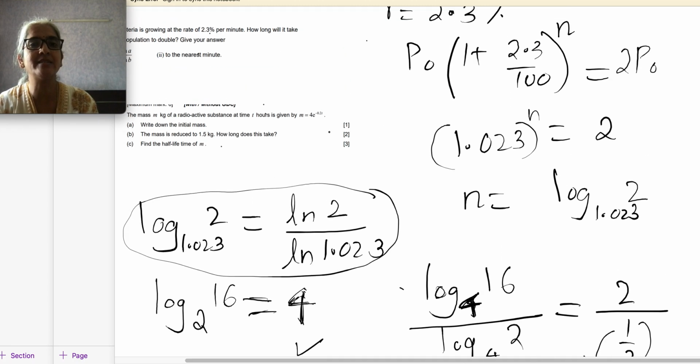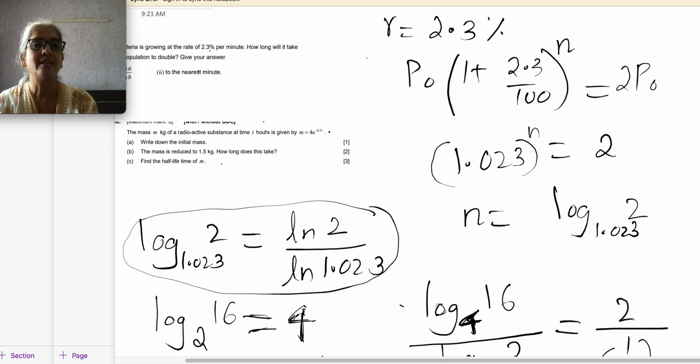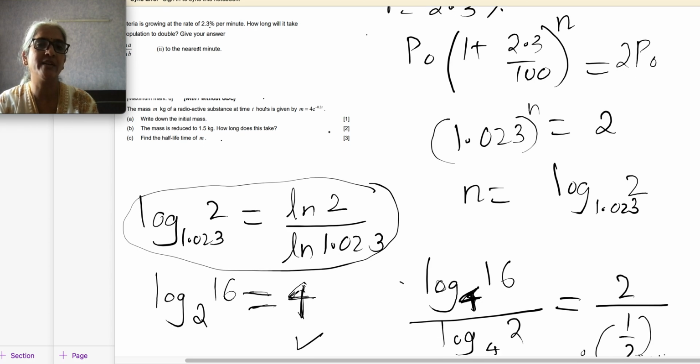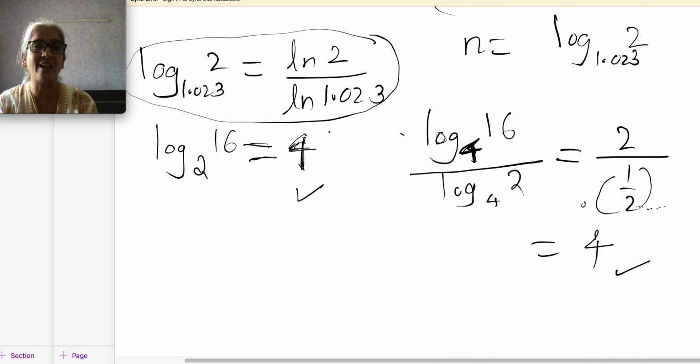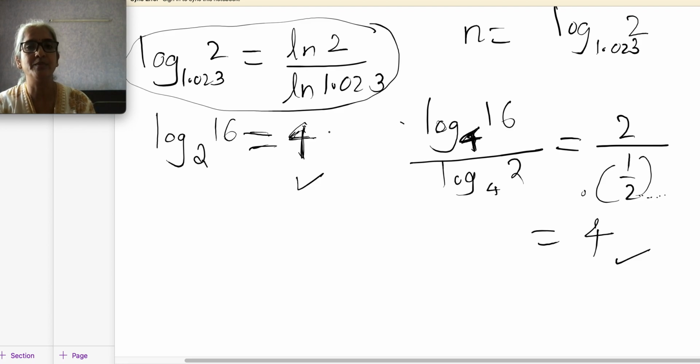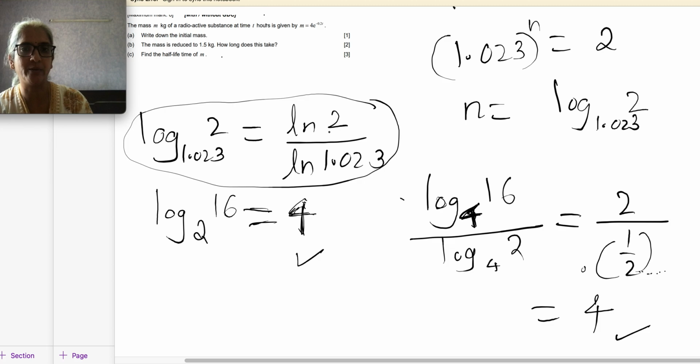The second answer asks us to simplify it to the nearest minute. Obviously you will need a calculator for this. ln 2 is a value that you can find on your calculator. ln 1.023 is a value. Divide that and then round it off to the nearest minute, correct? Which means they do not want any decimal answers, so round it off. You know the rounding rules, and you'll be able to figure that out.